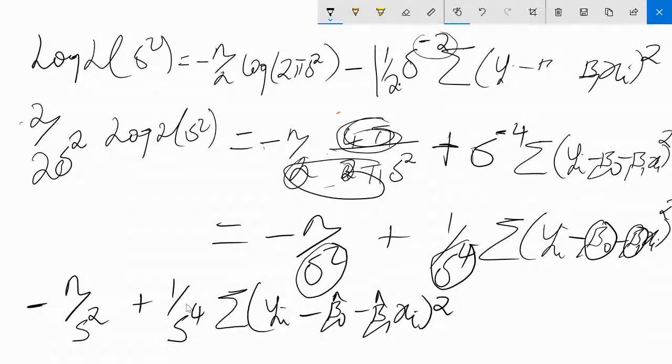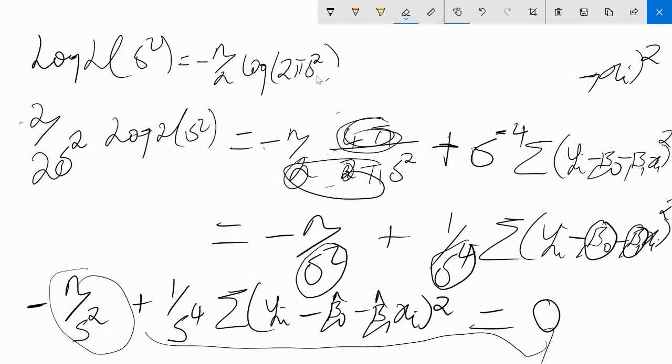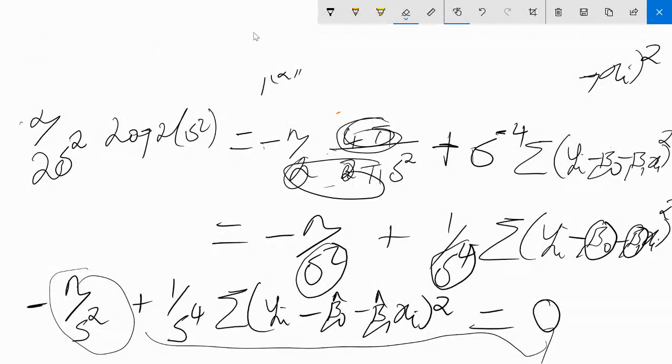We equate this to 0. So we can now take this term to the right because we have equated this to 0. So I'm going to take negative n over s squared to the right.